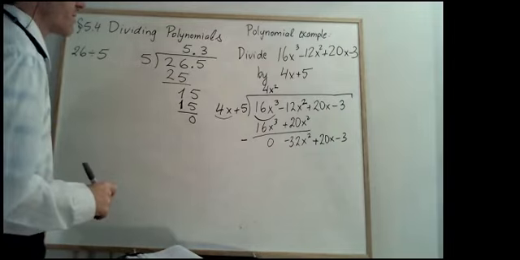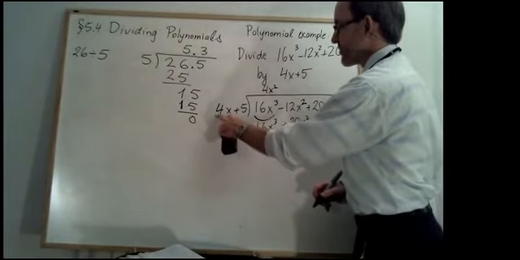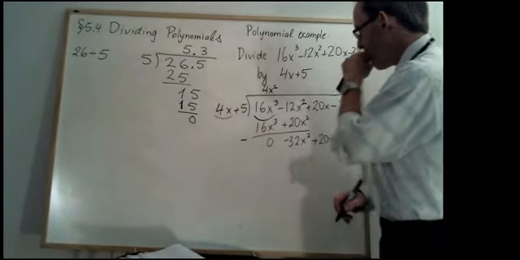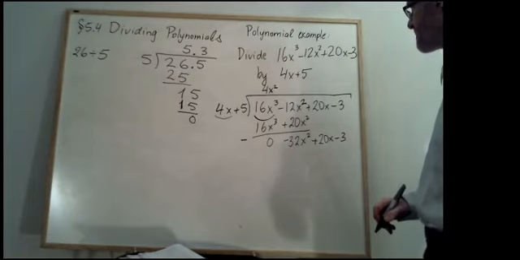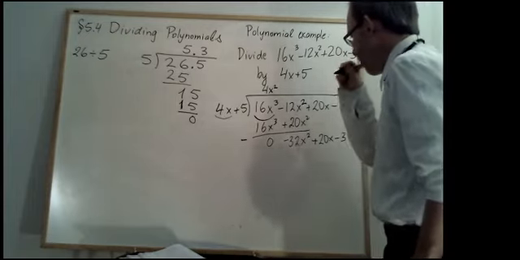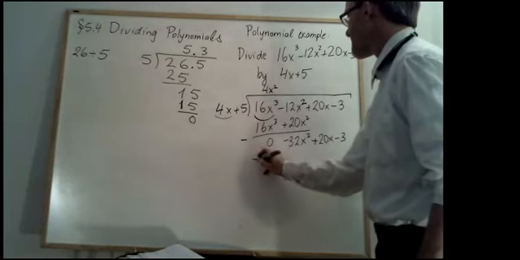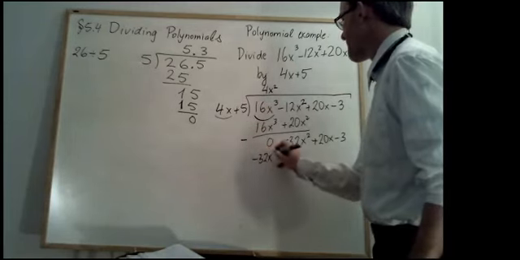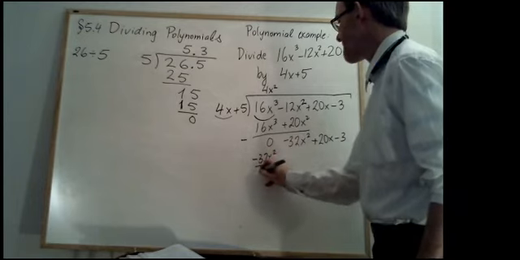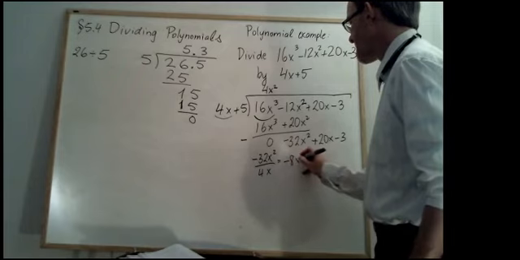Okay, so in this case, again, we continue the process. What is 4x into the leading term? You divide the leading term here by 4x. So minus 32x squared divided by 4x, you get minus 8x. So that's what you put in here.